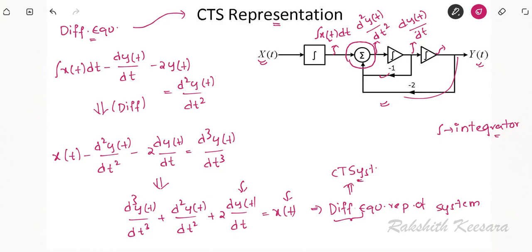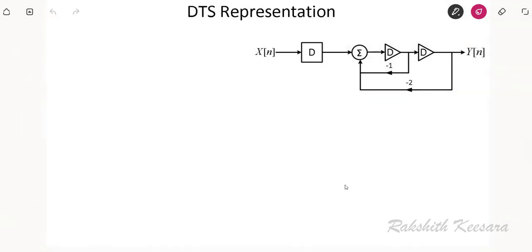Next, let us see how to represent the same for discrete time systems. We know that differentiation in continuous time will be converted into difference in discrete time.